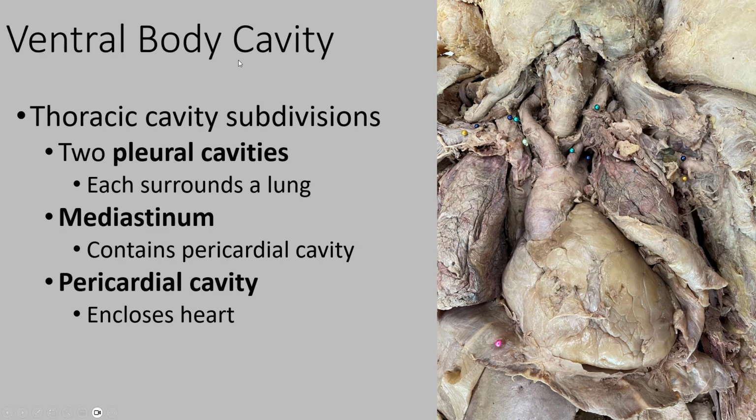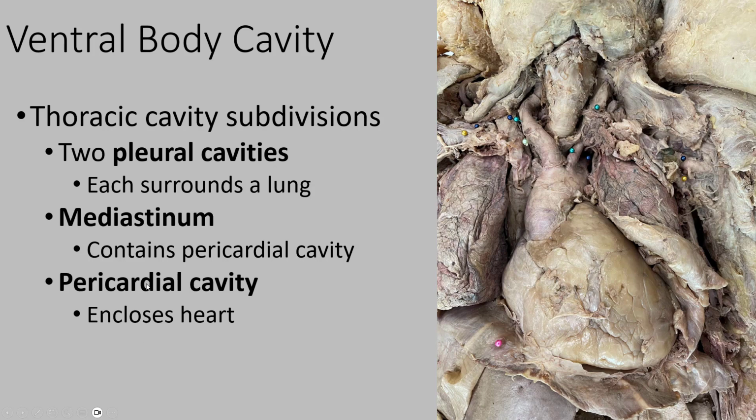The ventral body cavity, one last time, has the thoracic and the abdominopelvic. If we look at the thoracic, it has two pleural cavities and a mediastinum, and within the mediastinum is the pericardial cavity.